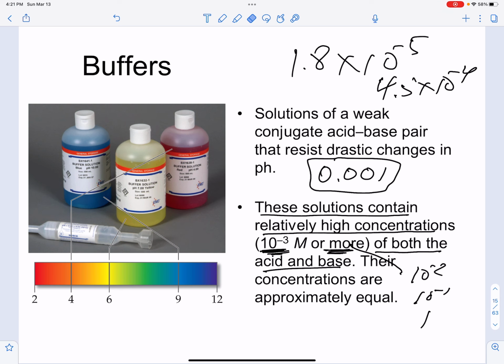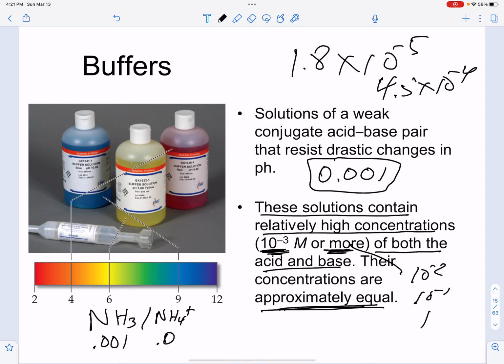And they have to be approximately equal. So you cannot have a buffer that contains ammonia and ammonium where this one is 0.001 and this one is 0.010. That's not equal.